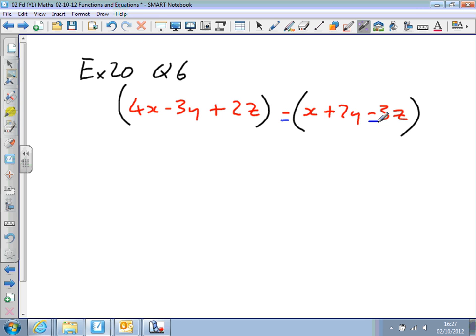So I'm going to subtract like terms, or collect together like terms. Now, I can do it in one go by saying 4x in that term. So the x is in these two terms. So 4x minus x is 3x.